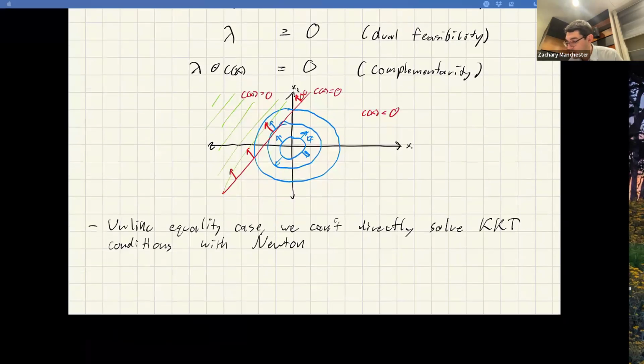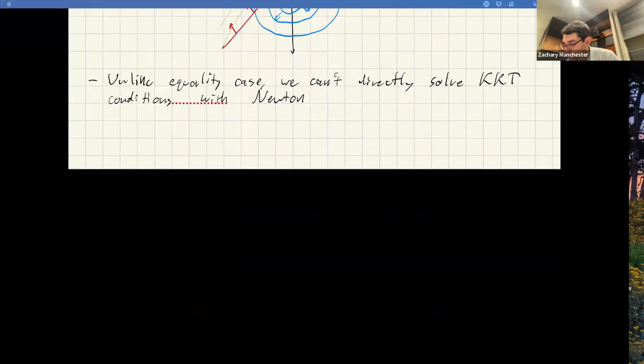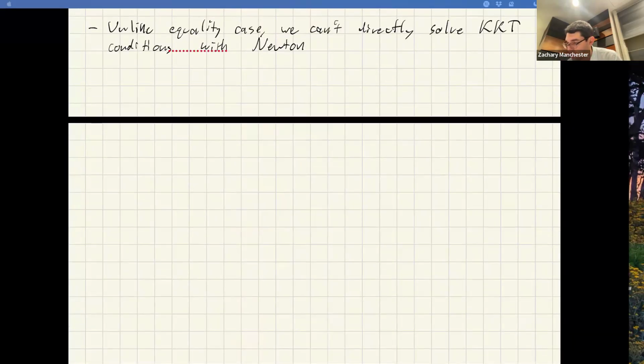Okay, so what do we do? There's lots of ways, unsurprisingly. I will tell you about a few. So now we'll briefly survey some of the common options out there.